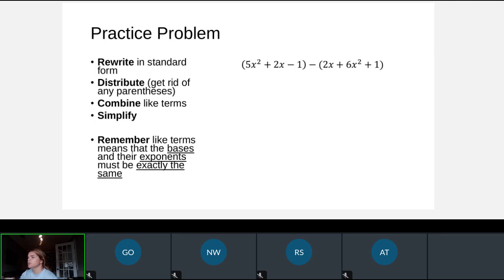I'm going to open up the room chat, but I'd only like to see the answer posted in there. If you post the answer and you see one of your classmates post their answer and something's different, you can start that conversation and say, hey, I think you have this term incorrect. But I want to keep the chat to things about math. We don't want to be distracting anyone else.